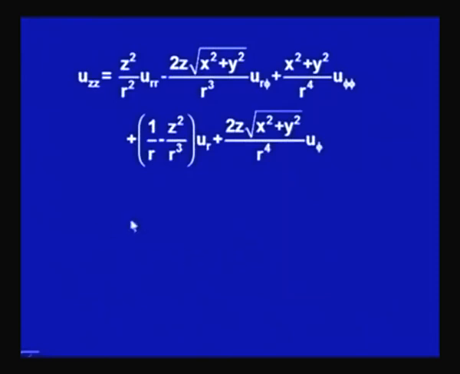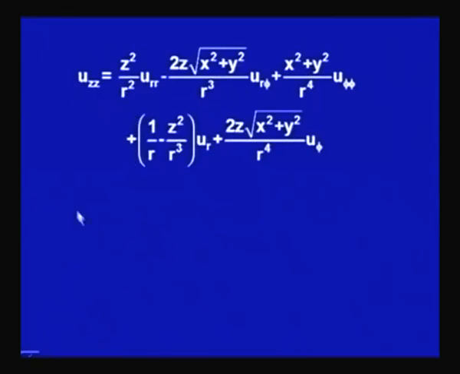So now we have u_xx, u_yy and u_zz in all these terms. You see that the coefficient of u_rr in u_xx was x squared upon r squared, in u_yy was y squared upon r squared, and in u_zz it is z squared upon r squared. So if I add up u_xx plus u_yy plus u_zz, I would be getting (x squared plus y squared plus z squared) divided by r squared, that is the same as 1.